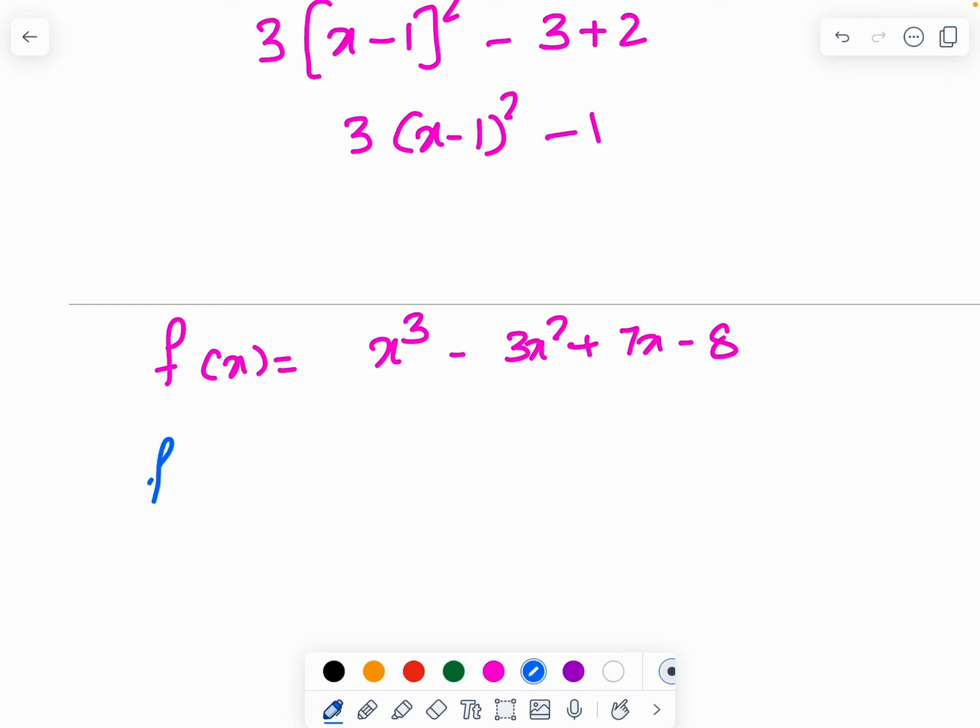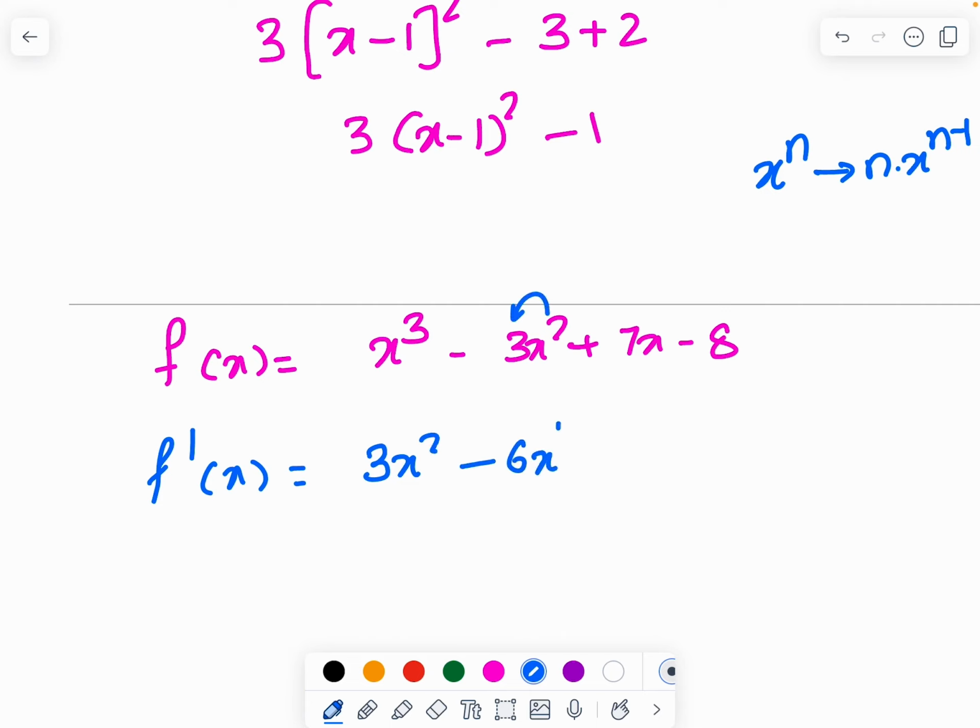f prime x means you have to find the derivative. For that the formula is just bring the power down, power minus 1. So f prime x, this is a derivative, 3x square. Now 2 comes down, 2 times 3 is 6, 2 minus 1 is 1. And remember, 7x derivative is going to be 7 and the constant derivative is going to be 0. This is the formula for derivatives.